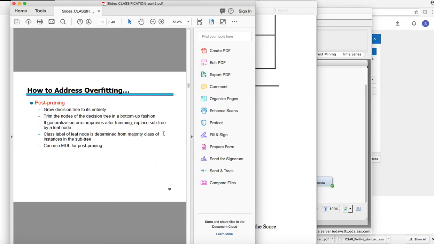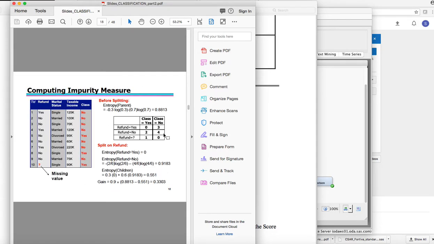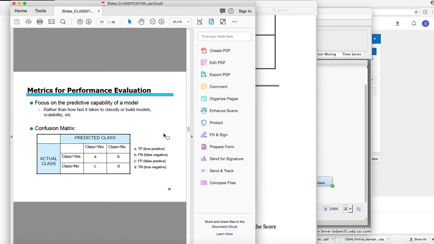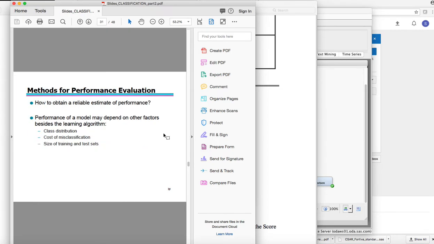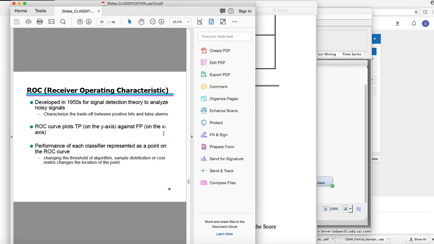There is a section about the algorithm of generating the ROC curve starting from slide 35. Okay, so another name for the ROC curve is the receiver operating characteristics.